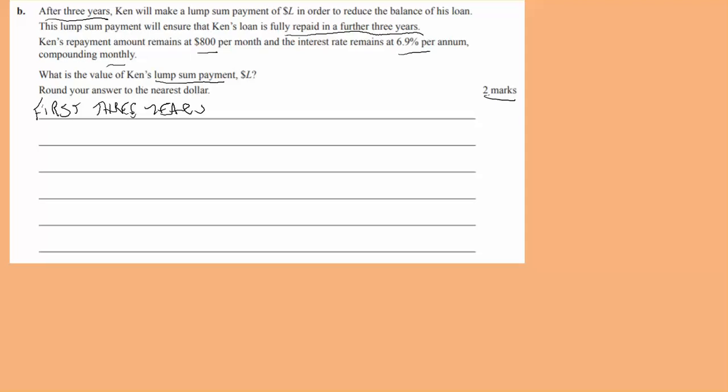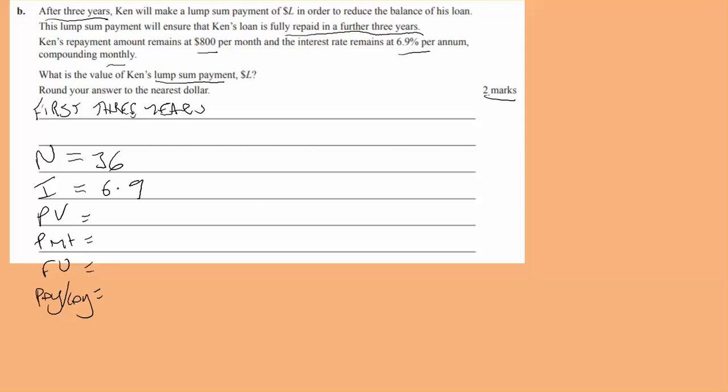Because it says after 3 years, I'm going to work out how much he still needs to pay after the first 3 years. So my N is 3 times 12, 36.